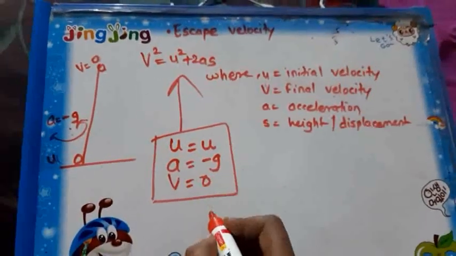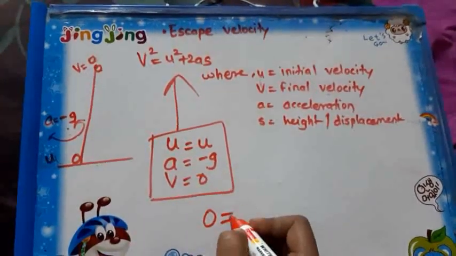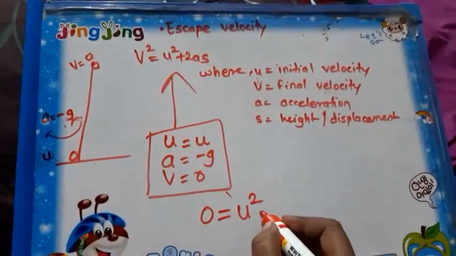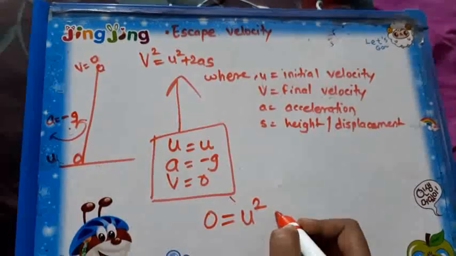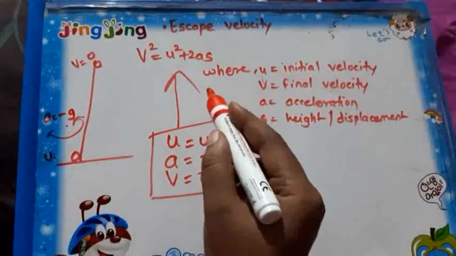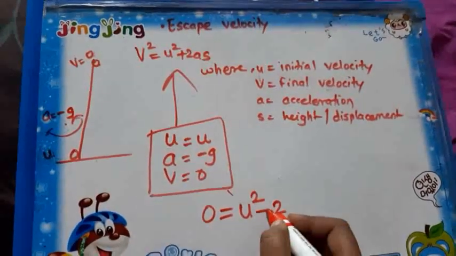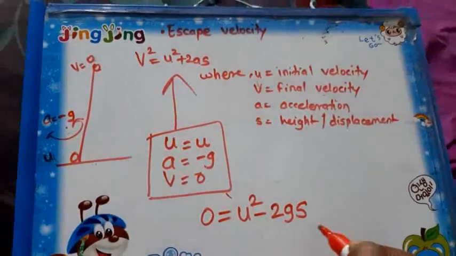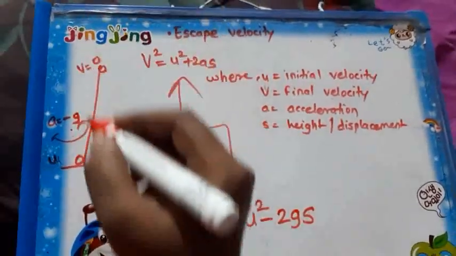So v is 0. So 0 is equal to u square, as it is, plus 2 into the value of a, which is minus g. So that minus will come here, g and s as it is, because it is reaching to its particular height, that is s.